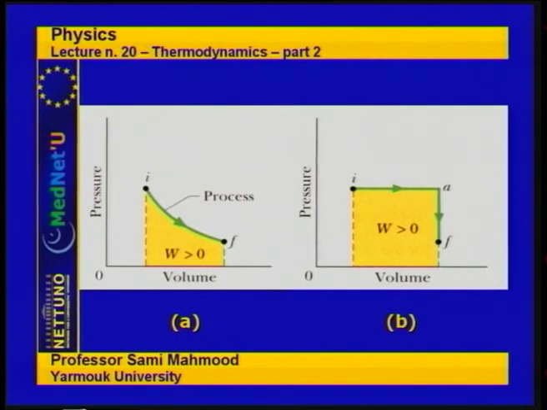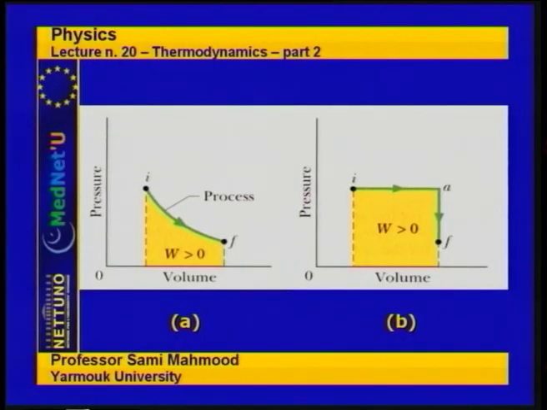Now, if we think of changing the state of the system from the initial state to the final state, but following another track, say we change the system from the initial state I to an intermediate state A at constant pressure, and then change the state from A to state F, lowering the pressure at constant volume, this will give us an amount of work, which is again the area under the curve, and which is positive, because from I to A we have this area under the curve, which is positive work, and from A to F the work done is 0.